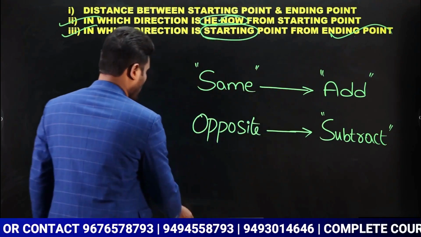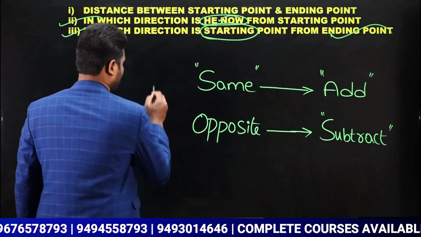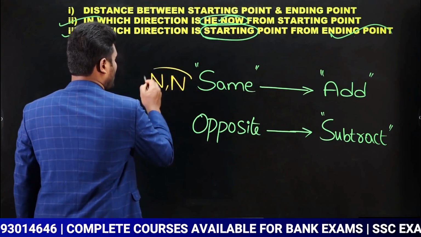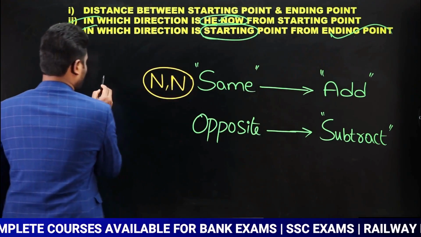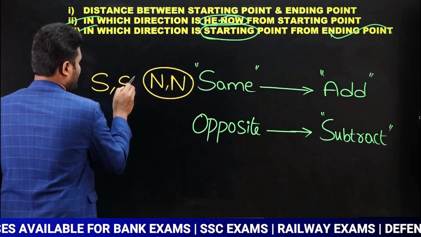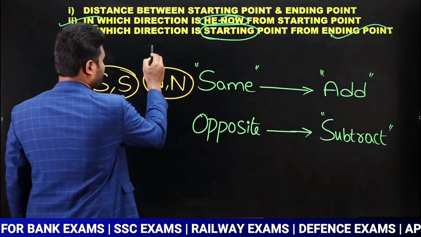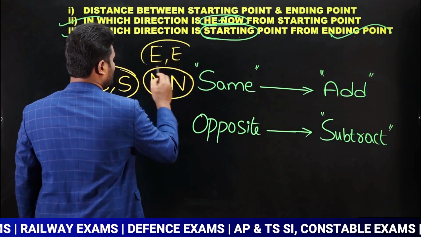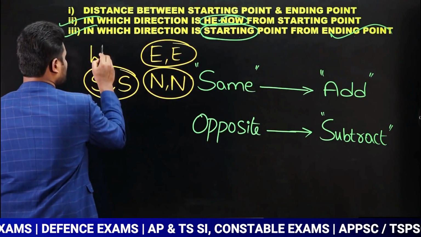Is that clear? Now what is same? Same means, observe here carefully. North. Now this is same, yes or no? North means this is same. Similarly, south. Even this is same, yes or no? Next, east. Even this is same, yes or no? Next, west.